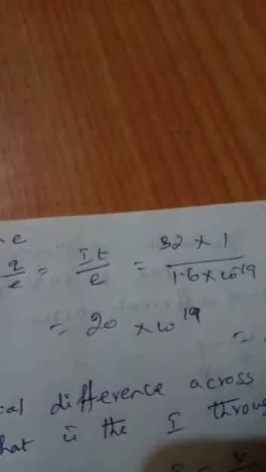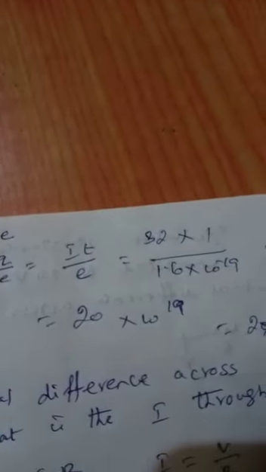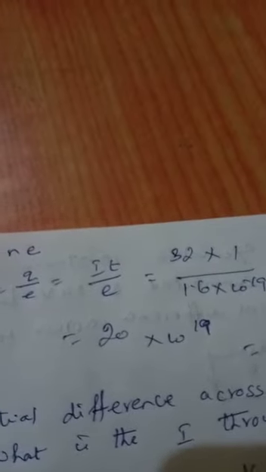It can be written as 2 into 10 power 20 electrons. That is the number of electrons.